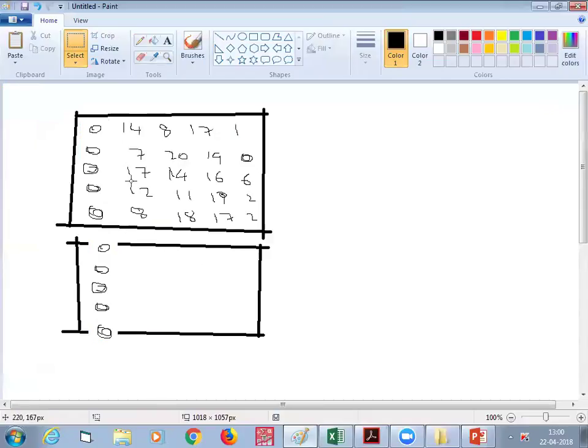All right, now next column. Saving some time, I suppose. So this becomes 7, 0, 10, 5, and 1. In the third column, this becomes 0, 12, 6, 3, and 10.